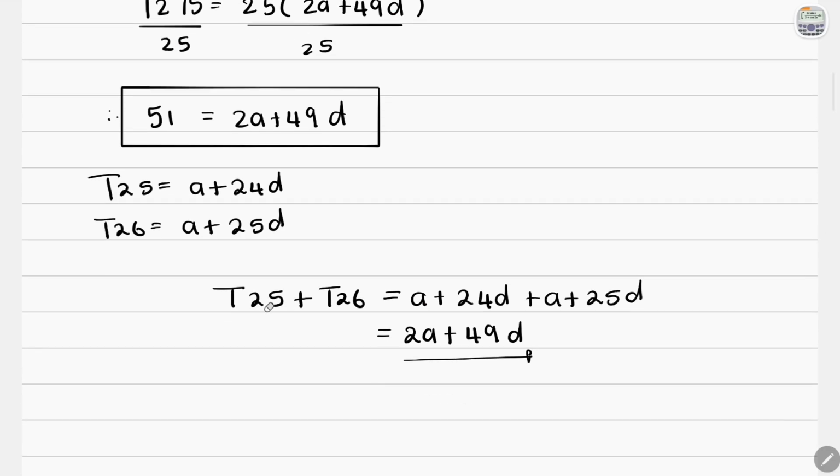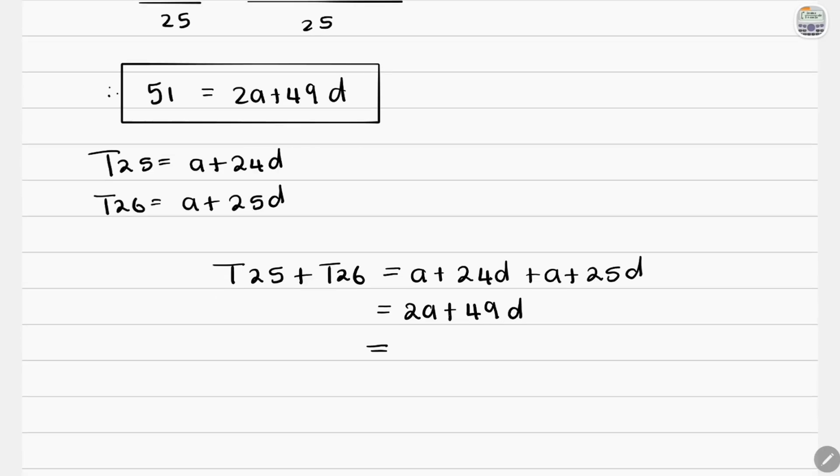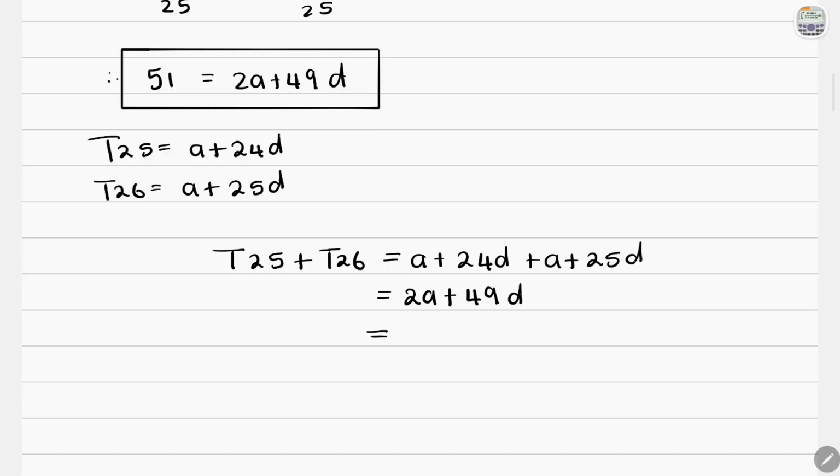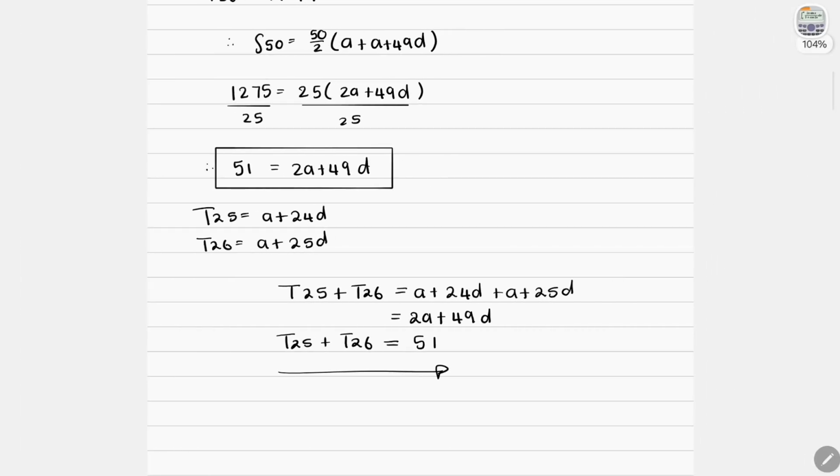So if term 25 plus 26 also summed up to 2A plus 49D, what does that mean about them being added together? It means that this is therefore equal to 51. You see how these two are exactly the same? So it means that term 25 plus term 26 is actually equal to 51. And that is our answer.